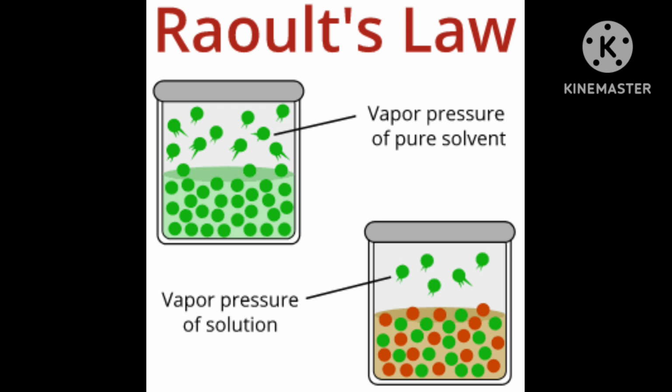The more the mole fraction, the more the vapor pressure will be, as per the law. Here you have to use this concept. If x1 is equal to 1, then in the beginning the pressure will be high, and as the mole fraction decreases, the vapor pressure will decrease.